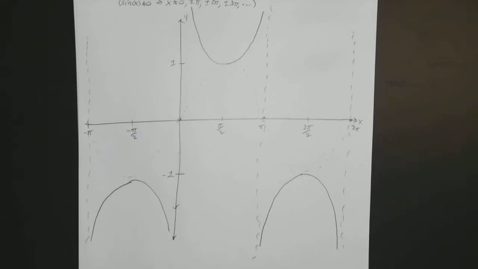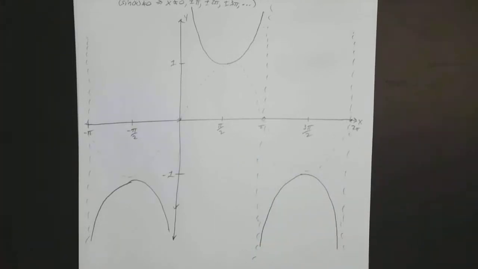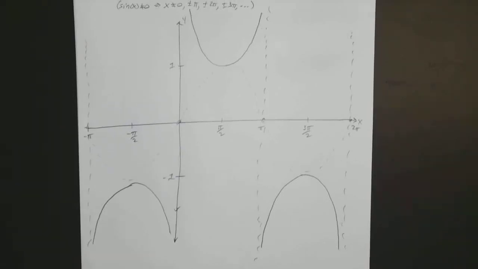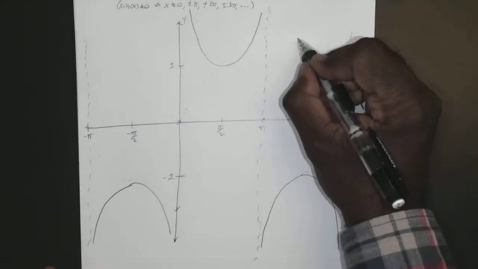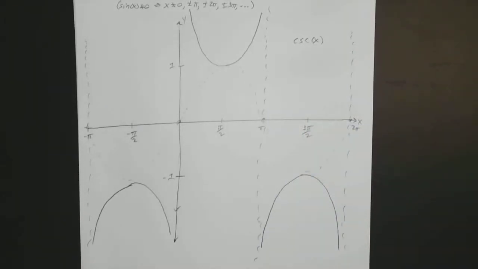It's just the sine graph flipped, only not in the spots where sine equals 0. So that's your cosecant of x. All right, any questions on that one?